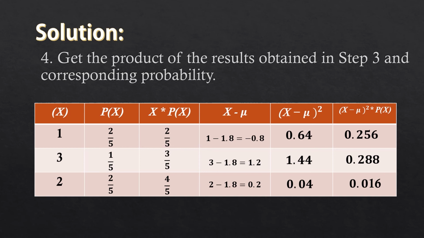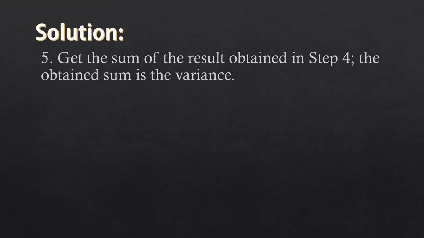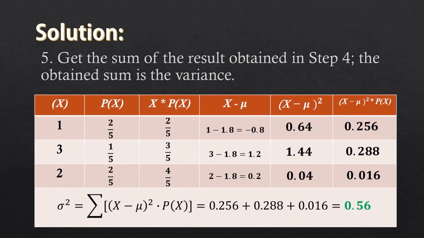In our fifth step, we need to get the sum of the results obtained in step 4. That sum is our variance. So this is the formula for the variance. We just need to get the sum of the products: 0.256 plus 0.288 plus 0.016 equals 0.56.